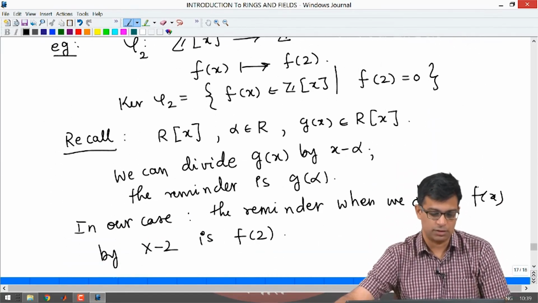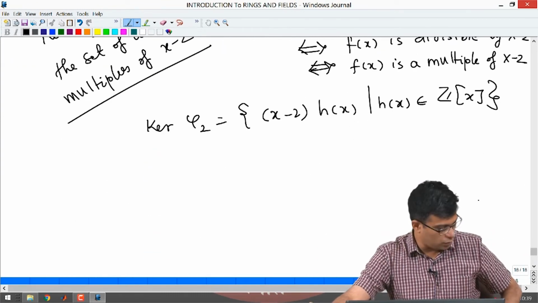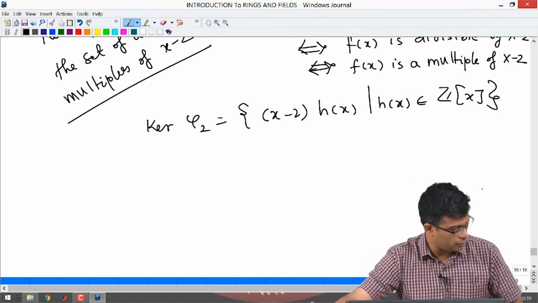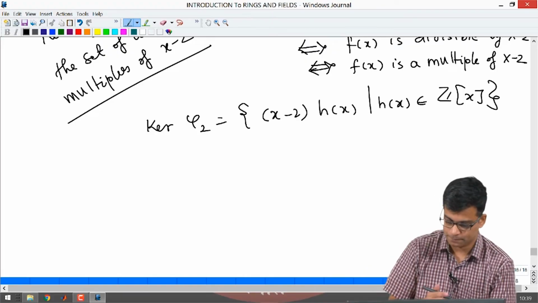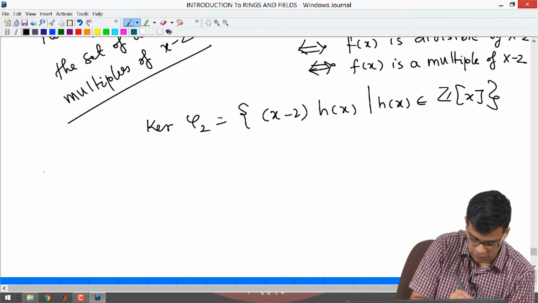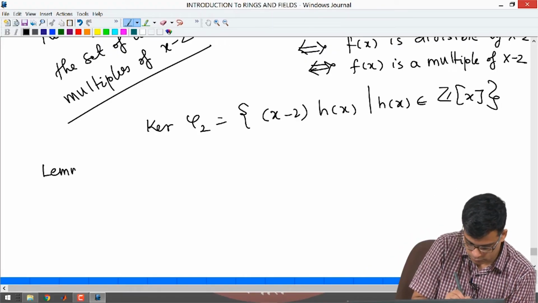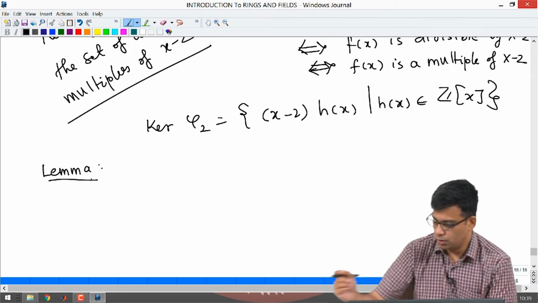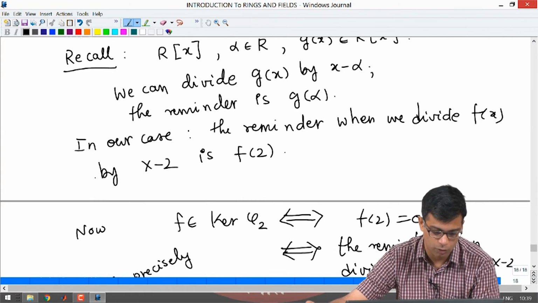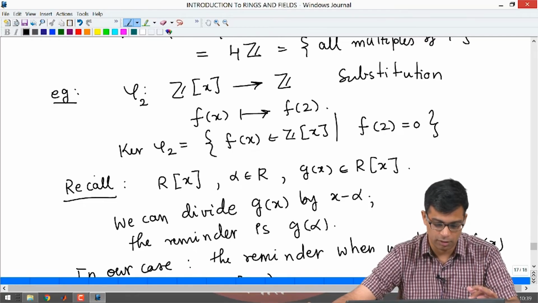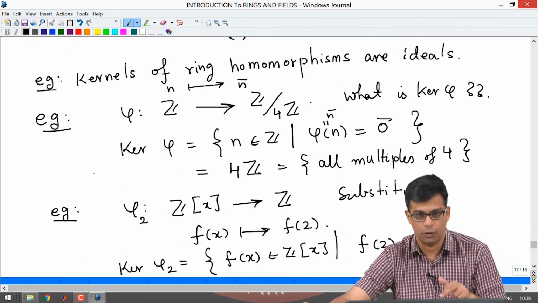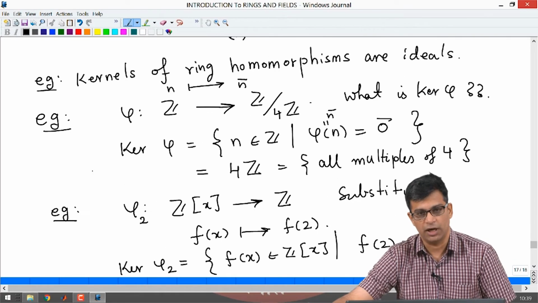So, kernels have this nice form. Now I want to mention a nice observation. So, this is a small lemma. In the first example that we looked at above, the kernel of the map from Z to Z mod 4Z turned out to be multiples of 4.